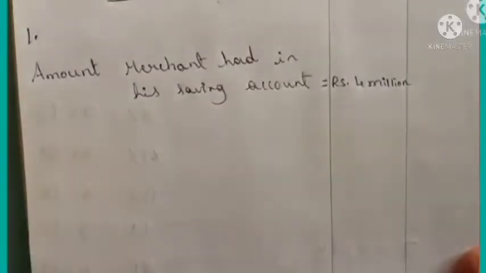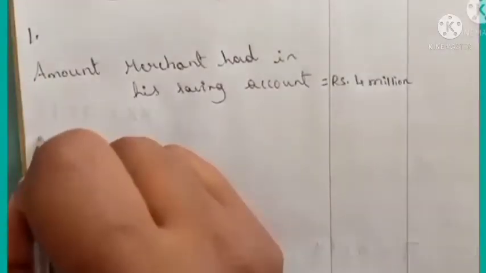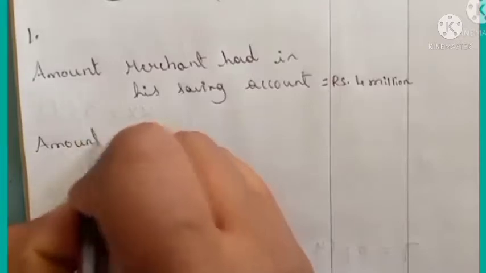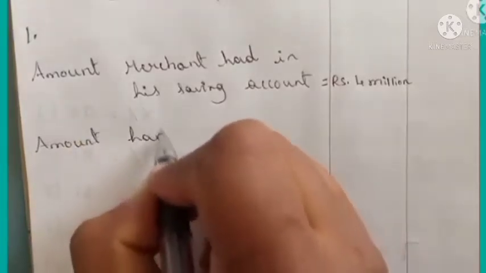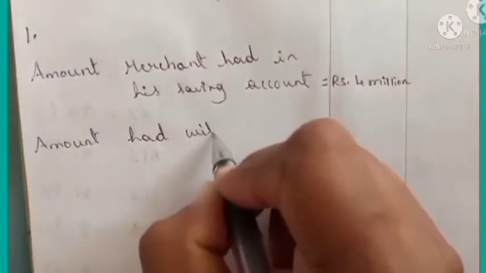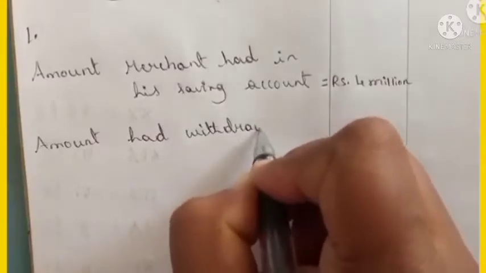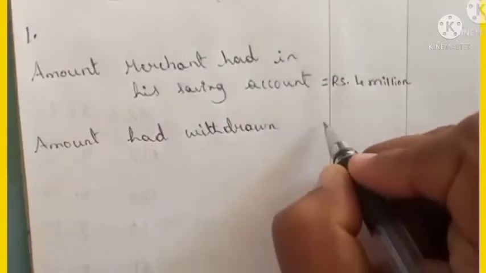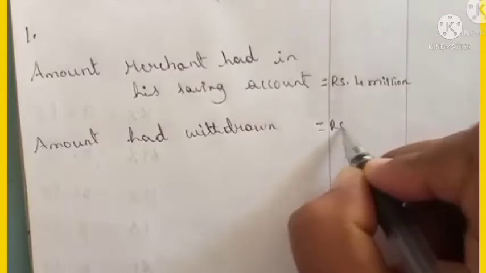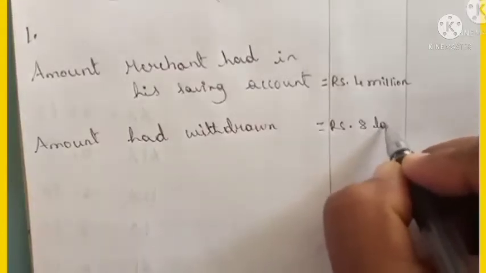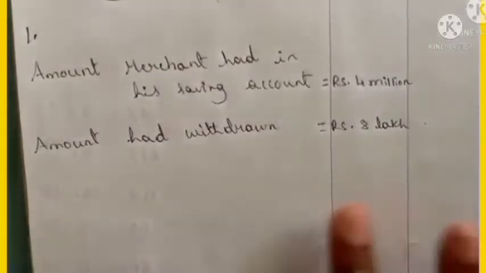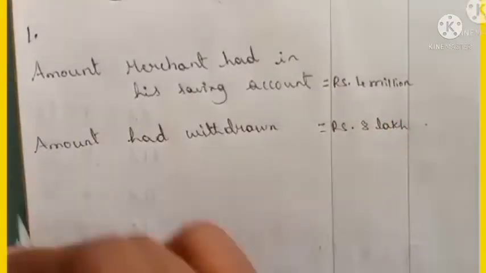Okay, 4 million. Then next, amount he had withdrawn. Taken means he had withdrawn. Withdrawn means he has taken it. How much? Rupees 8 lakh. Okay, he has taken 8 lakh from that amount.